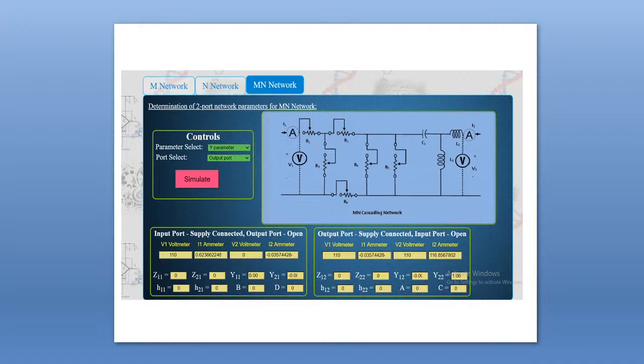First you measure the values of the y parameters, and you tell me whatever values you get. And if you have any doubt or confusion regarding the experiment or the theory part of this experiment, you ask me or write in your chat box.